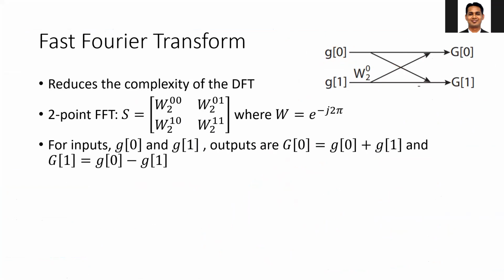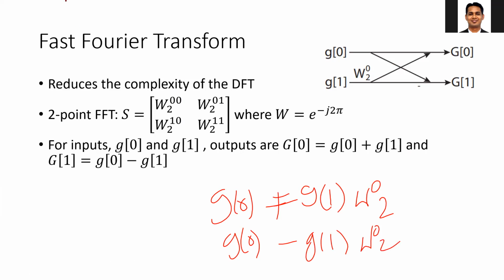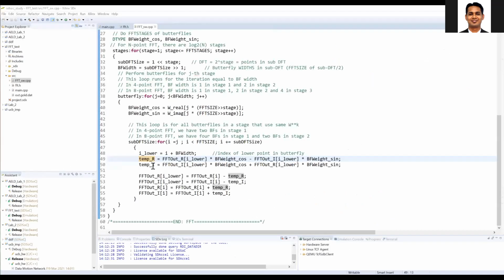So here what we are doing, we are first extracting, we are taking the G of 1. Then we are multiplying by the corresponding weight, W02. Then we are adding it to the G of 0, and then we are subtracting it from the G of 0. Okay, and then we get the corresponding weight. So the same thing, only here in case of the complex one, for one complex multiplier, you have 4 multiplications.